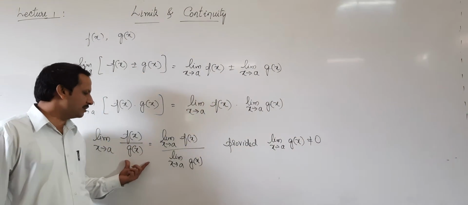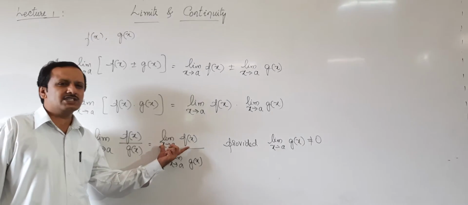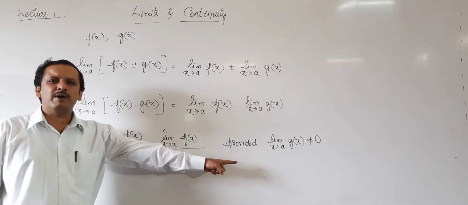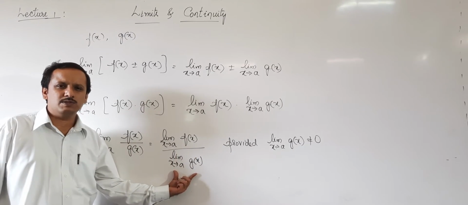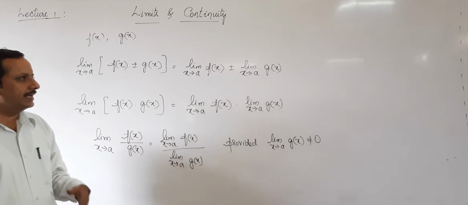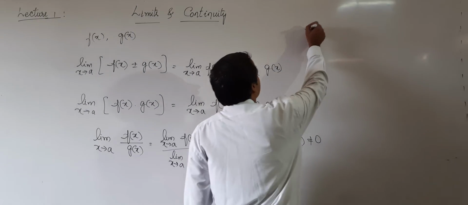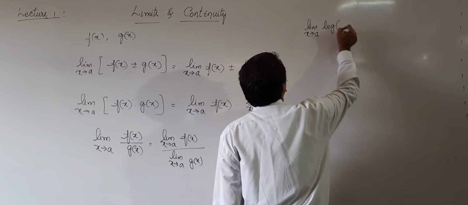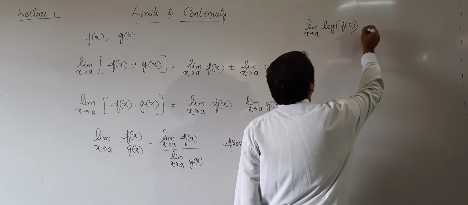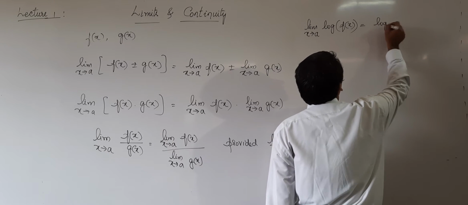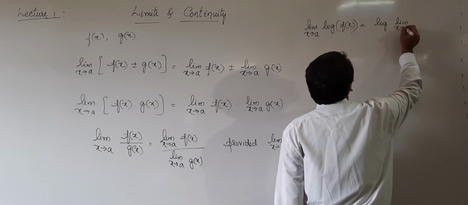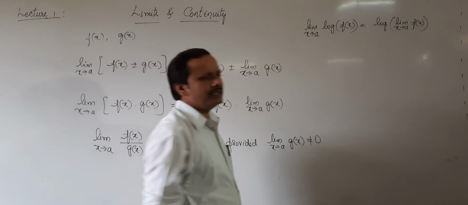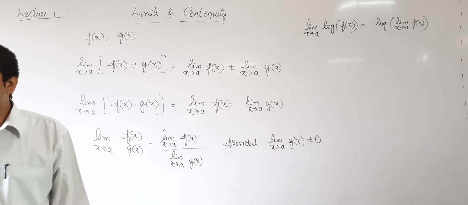Provided the limit as x approaches a of g(x) is not equal to 0. Okay. Then the limit as x approaches a of log f(x) can be written as log of the limit as x approaches a of f(x), which means this log and limit can be interchanged.